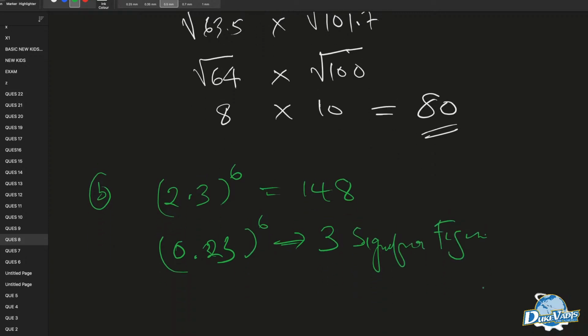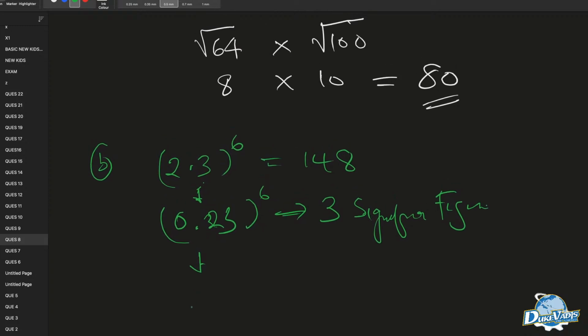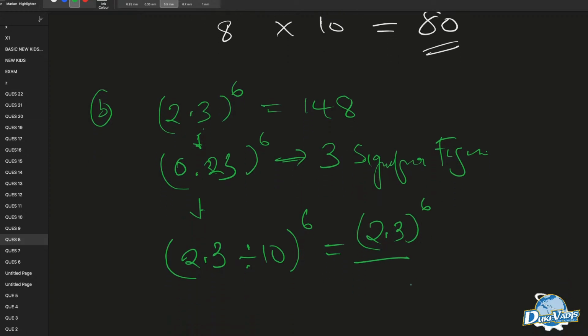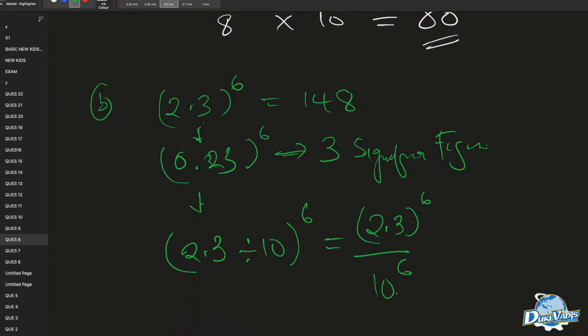If we match this and that, we can say that this is 2.3 divided by 10 raised to the power 6, and this can be written as 2.3 raised to the power 6 dividing 10 raised to the power 6.